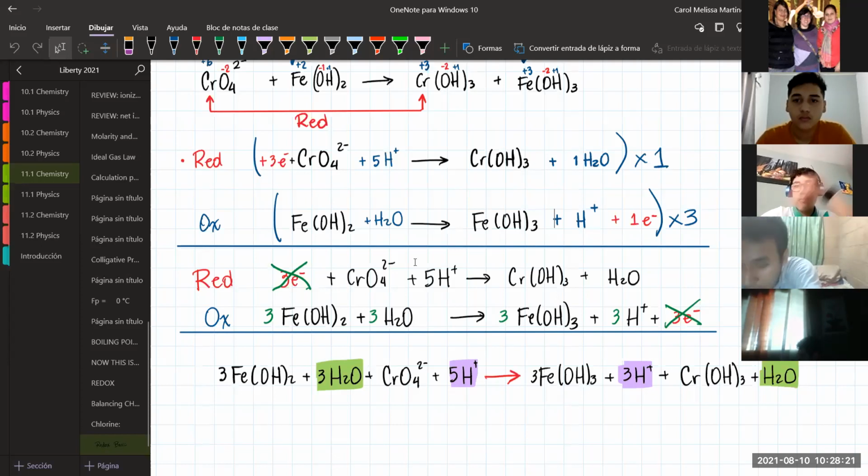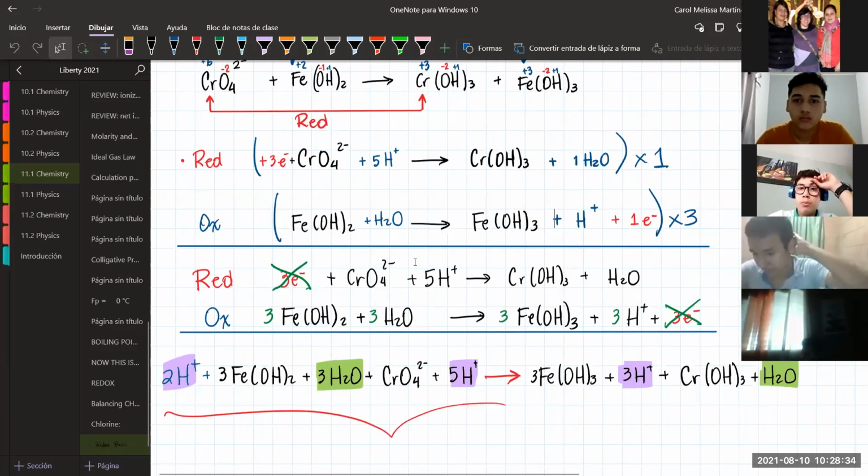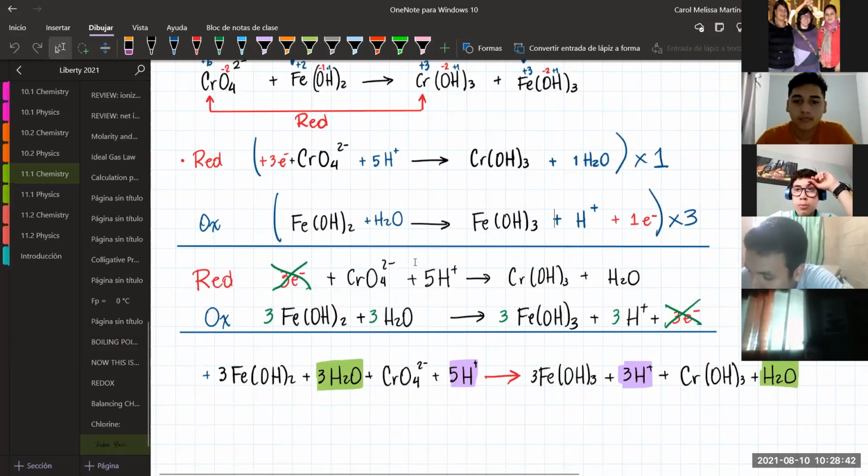So that means, if they were in the same place, if I had, for example, a 2H plus here plus the rest, then you add them because they are in the same position. You add them because they are in the same reactants. But here they are in opposite sides. It's like in a mathematical equation, okay?